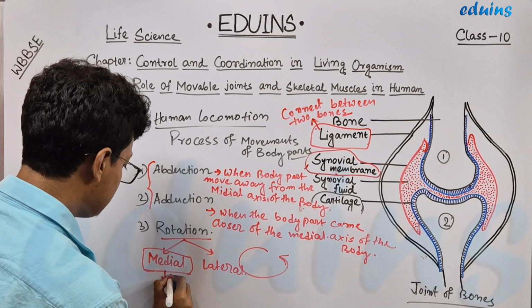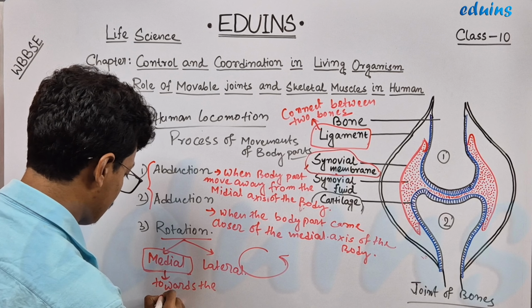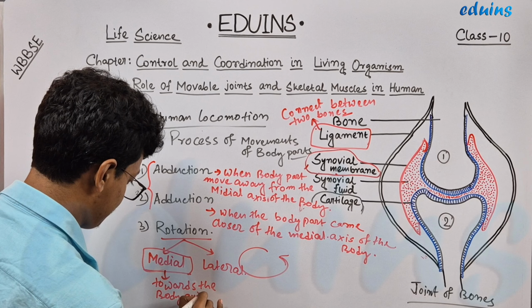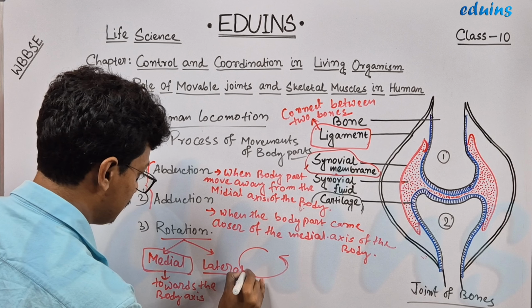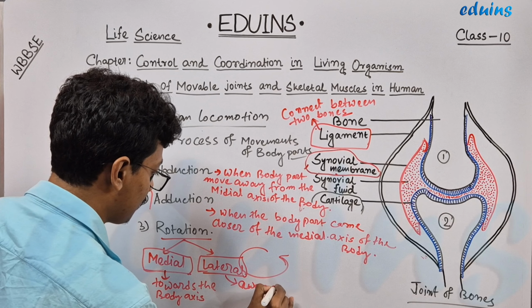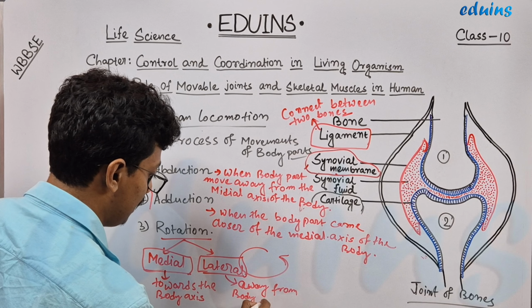So medial is towards the body axis and lateral is away from body axis.